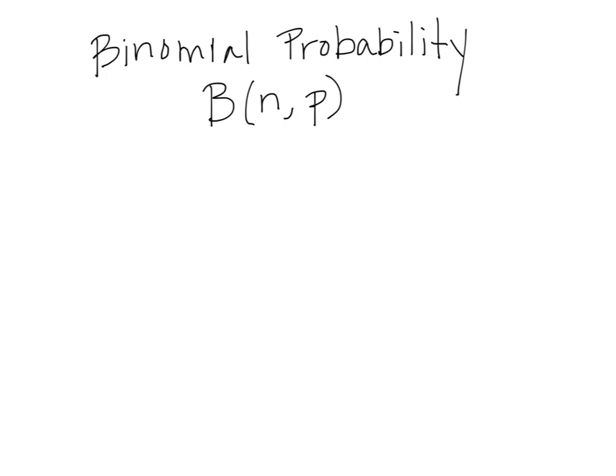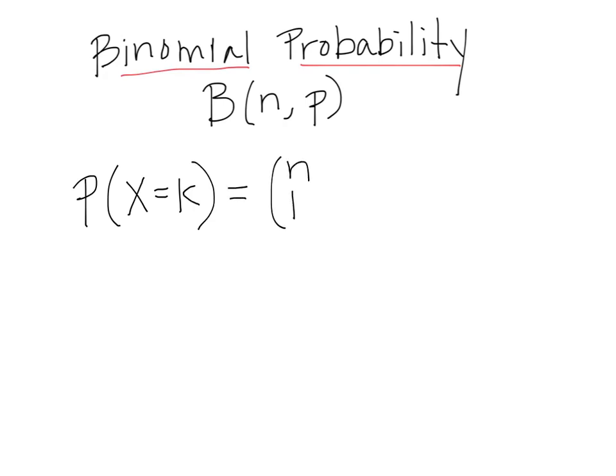So in conclusion, binomial probabilities can be calculated as such. If we have the binomial distribution with parameters n and p, so n trials and p as the probability of success, the probability that our random variable x equals some value k is equal to n choose k, p to the k power, 1 minus p to the n minus k.